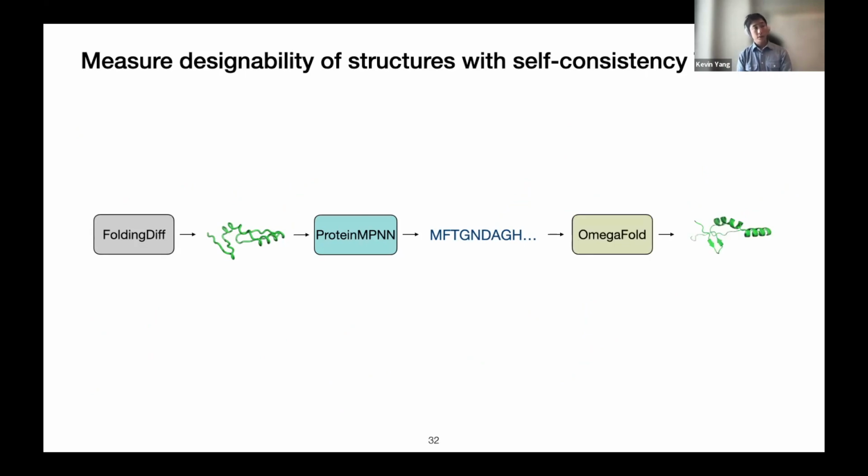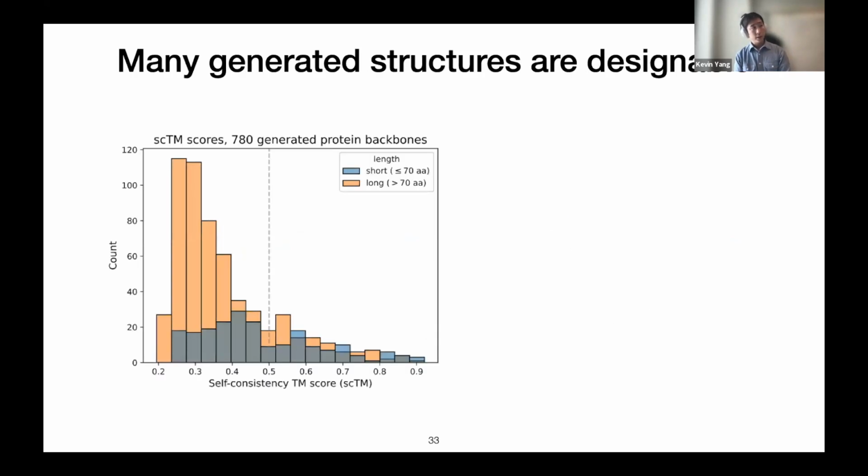Run that through a structure prediction model like OmegaFold, and you compare how consistent that structure is with your original generated structure. And we're using TM score, so higher is better. If they're exactly the same, the TM score is 1. Because two structures with a TM score above 0.5 are considered to be the same fold, people use 0.5 as the cutoff for whether things are designable.